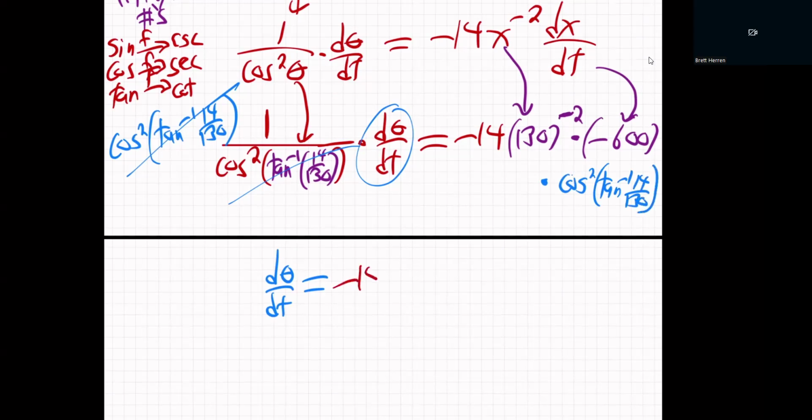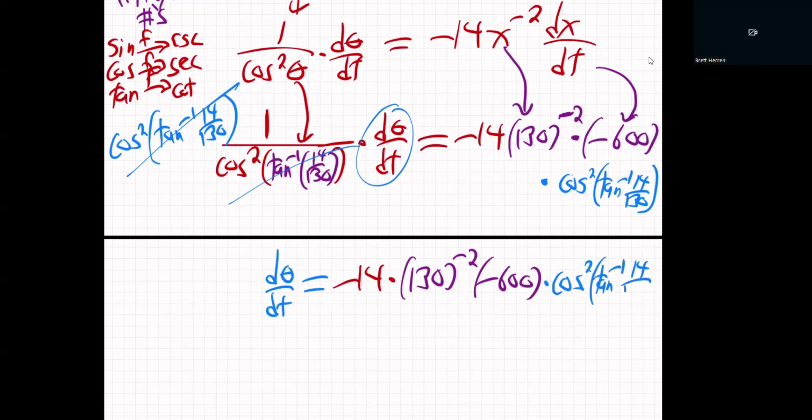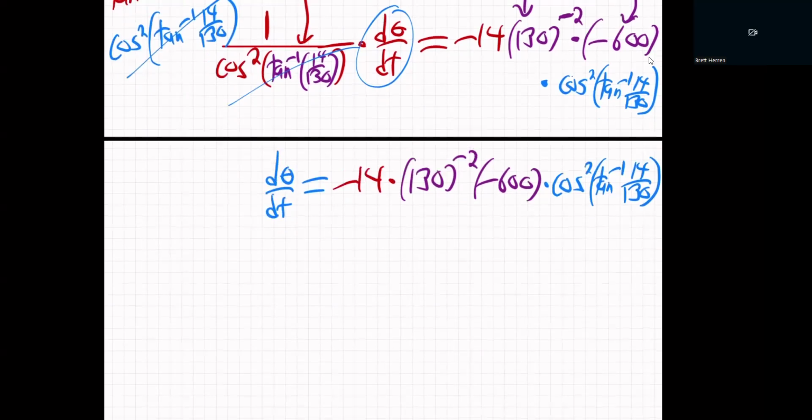Wow, so this will be minus 14 times 130 to the minus 2 times negative 600. It's hard to believe that this is going to come out right. Just try to be careful not to mess anything up. Times cosine squared, tan inverse, 14 over 130. Wow. Let's go type that in.